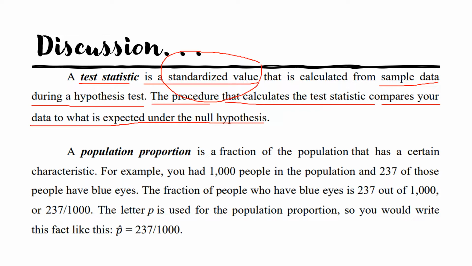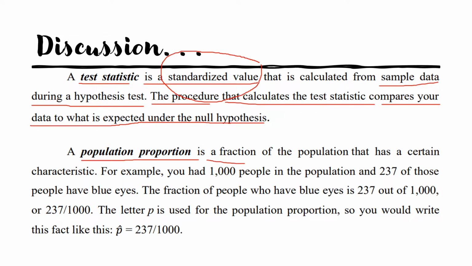So it tells us how far from the mean we are in terms of standard deviations, or how scattered our data are. Now, let's move forward with your population proportion.